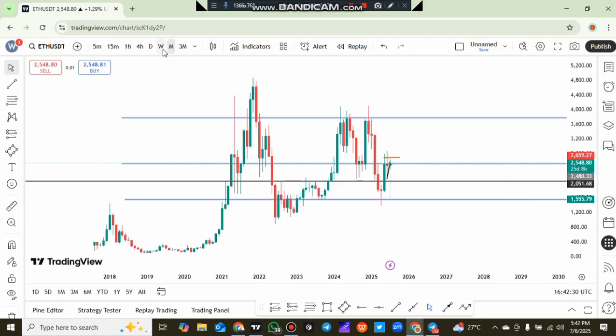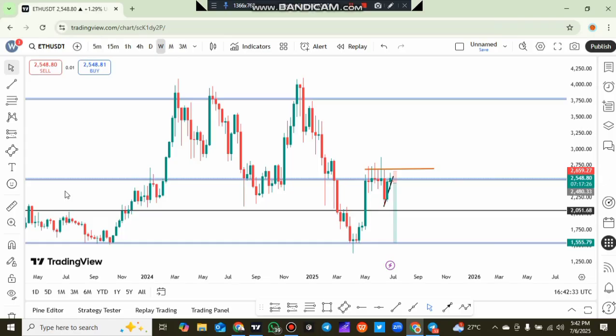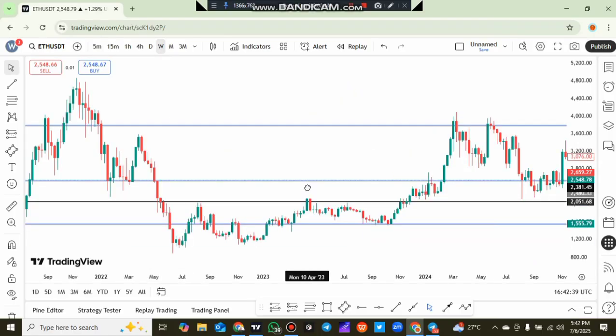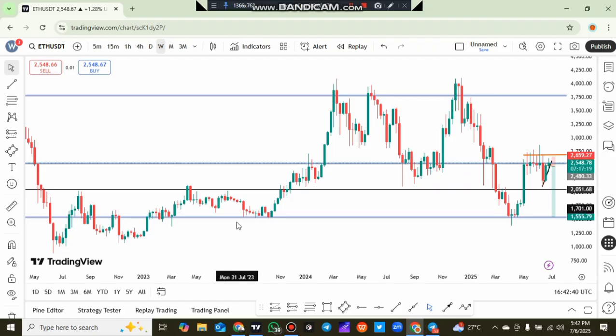So coming to the weekly time frame, you've seen that this market was buying. It bought to 3,700 and later came down to 2,400, 2,500, and then the market pulled back again. The market bought again to the 4,000 region.